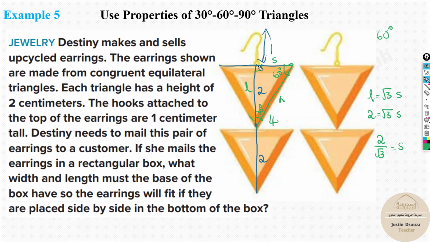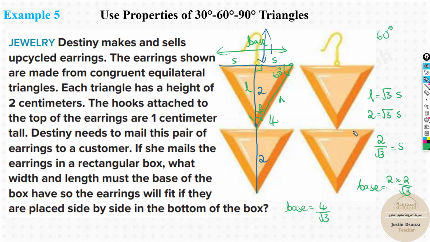But now, I need the full length. This is S, so even this is also S on the other side. So I'll just multiply this by 2. I'll get the total base. I'll write base, okay? Base of one earring. Base would be 2 times 2 by root 3, that is, base would be equal to 4 by root 3.